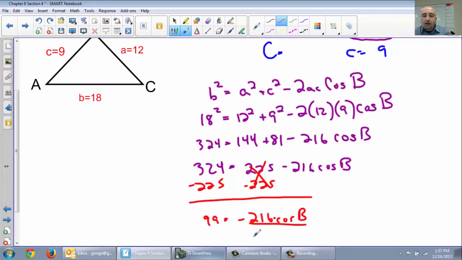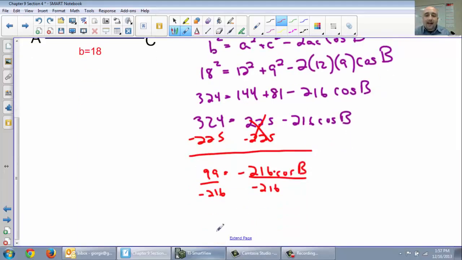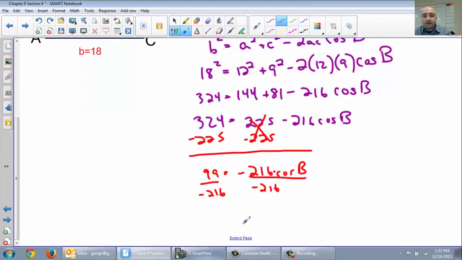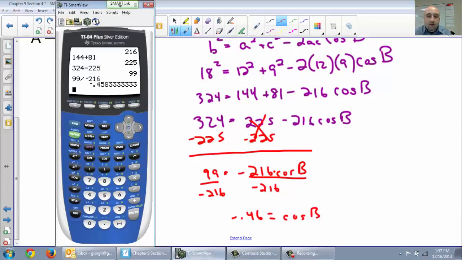So how do I get rid of multiplying? I divide by negative 216. So 99 divided by negative 216 equals negative 0.458. So negative 0.46 equals cosine of B. Just let me make sure I didn't get that wrong.